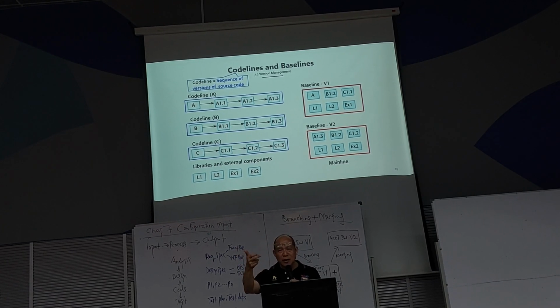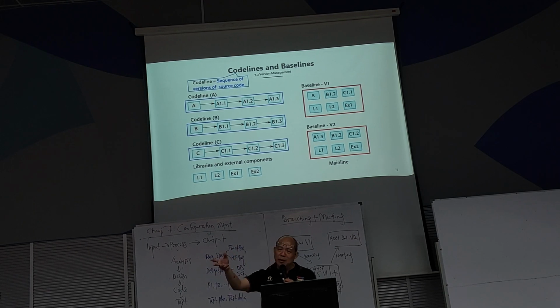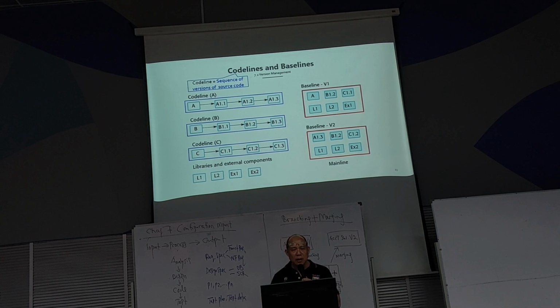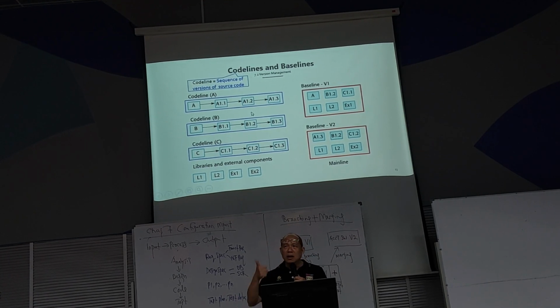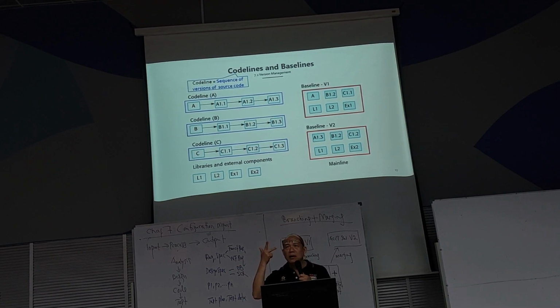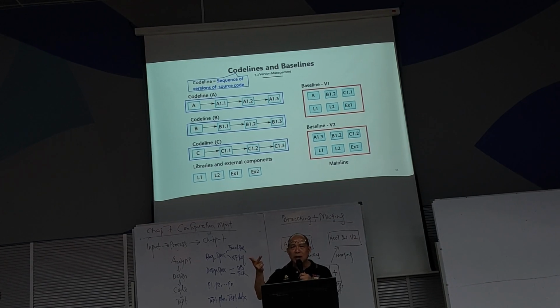After fixing bugs, the program will not be the same as the original program, correct? You have a new version. All this change is due to fixing bugs, improving performance. Anything else? Repairing vulnerability, for example. Okay, so this is a sequence of versions of source code.